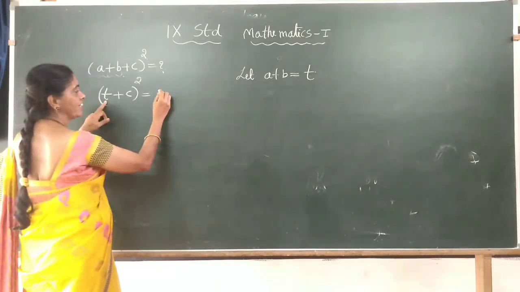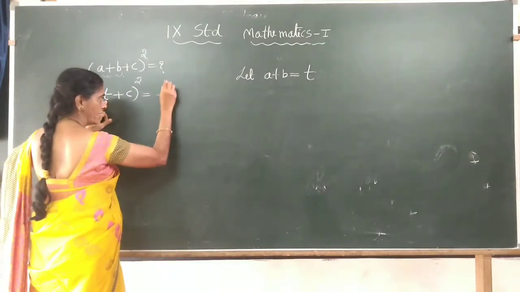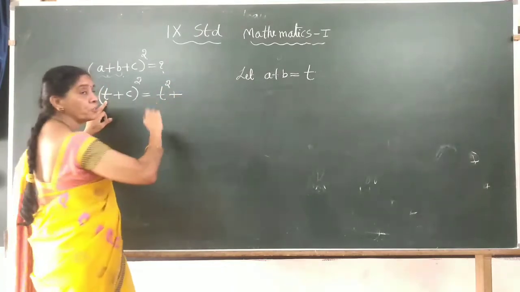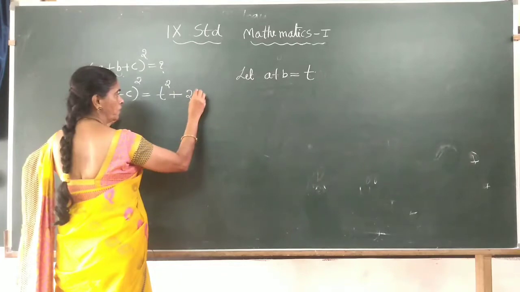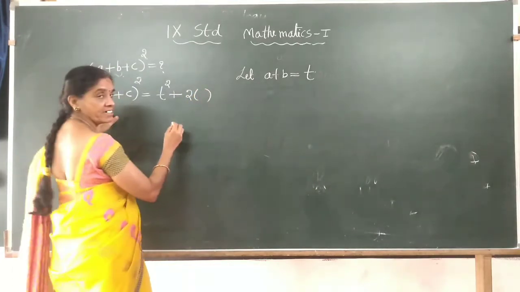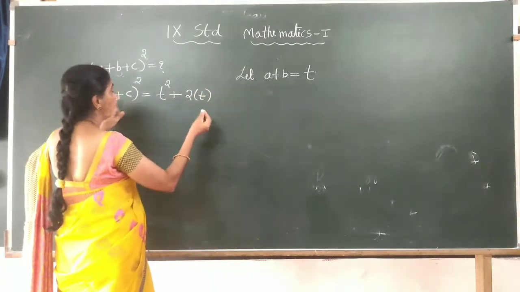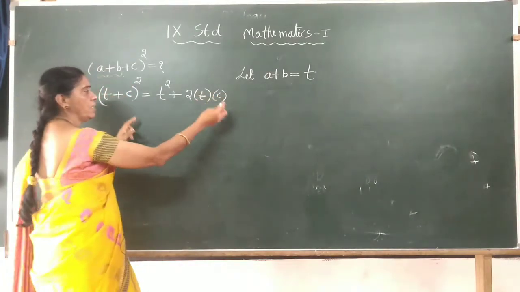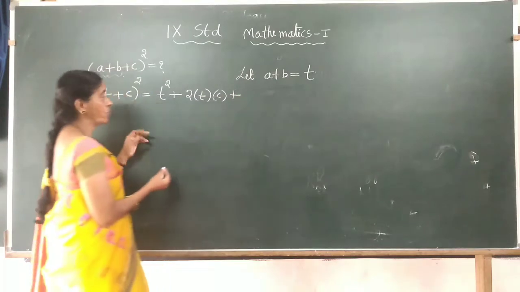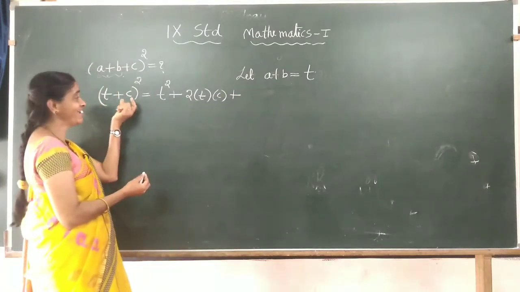What is the identity? A square, here t square, plus 2ab. The formula is 2ab, so 2 into a, which is t here, into b, which is c here, plus b square. What is b here in the problem? It is c here.